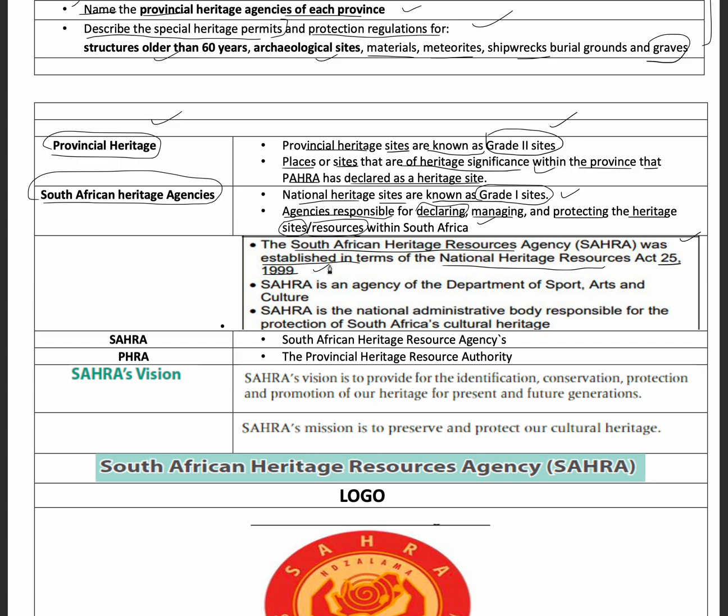So that is the formation of the South African Heritage Agency. It is an agency that falls under the Department of Sport, Arts and Culture. So that is the department it falls under.